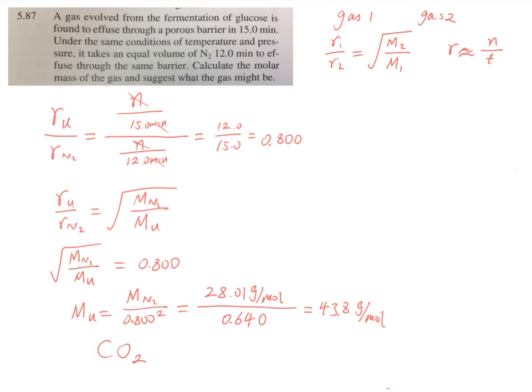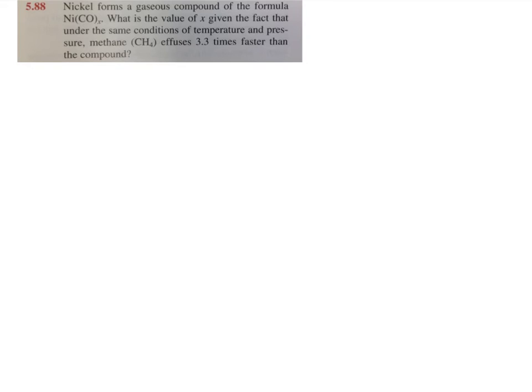Okay, now with this knowledge, let's move on to Problem 87. In 87, we know that nickel forms a gaseous compound of the formula nickel with carbon monoxide, Ni(CO)x, and we don't know the x.